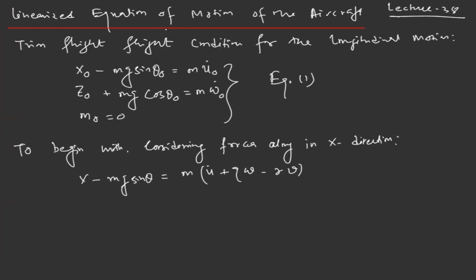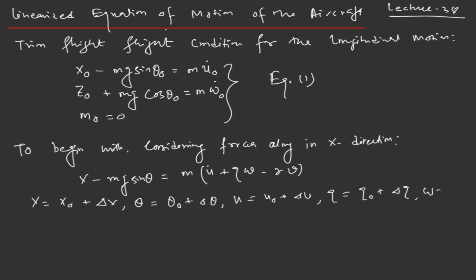Now, if we write this equation in perturbed form, we substitute X equal to X naught plus del X, theta equal to theta naught plus del theta, u equal to u naught plus del u, q equal to q naught plus del q, w equal to w naught plus del w, r equal to r naught plus del r, and v equal to v naught plus del v.